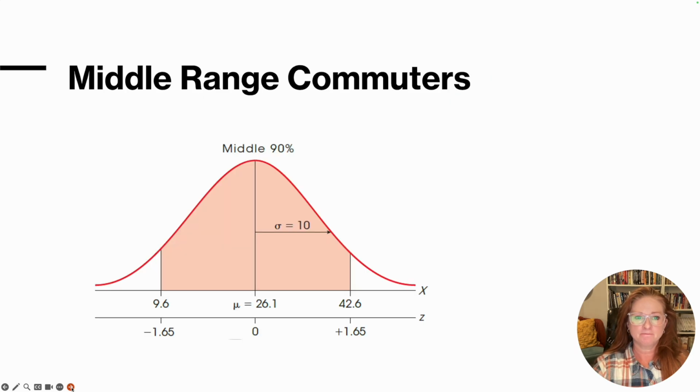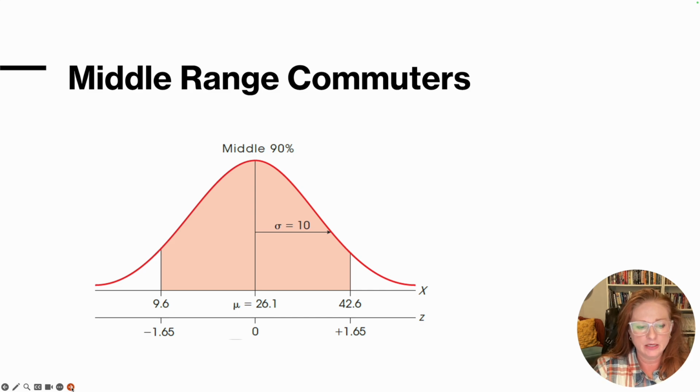Okay. These next two slides show you pictorially or graphically the difference between the middle range, when you'd use the D column of your unit normal table, for commuters, versus the top range, where you use a tail, the C. The middle range is where that mean is.